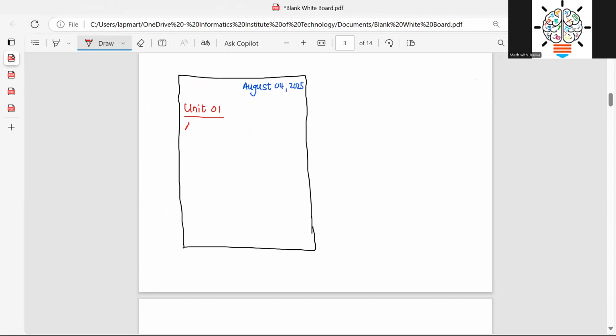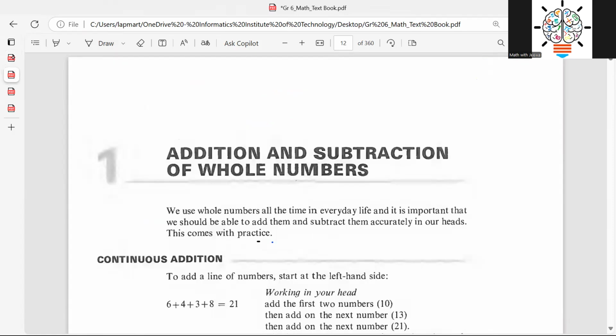Here you write addition and subtraction of whole numbers. I don't have enough space, I'm just showing you. Then you write it and underline it. So this is the first topic.